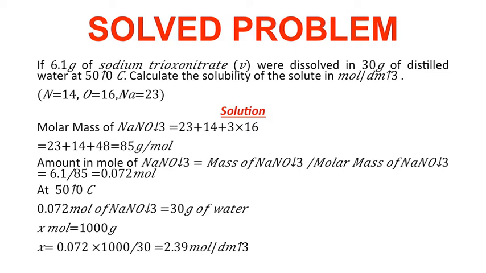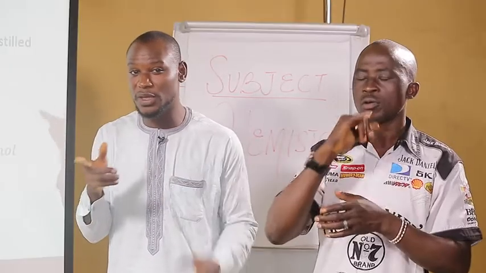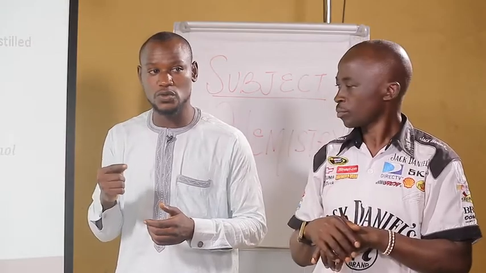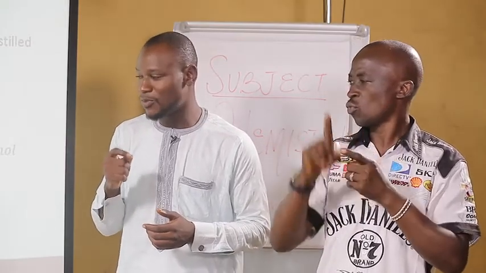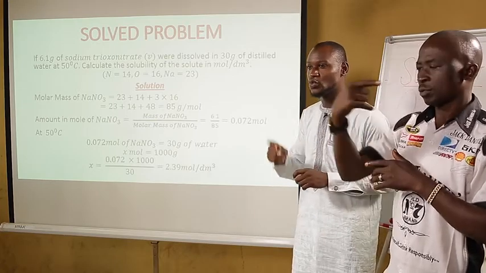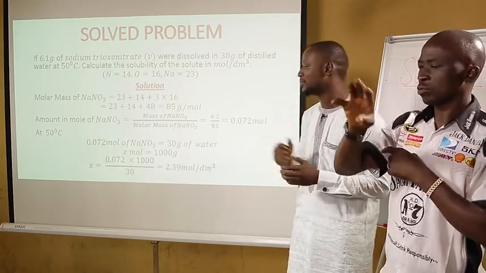Now, at that 50 degrees Celsius, we know that 0.072 moles of the salt dissolve in 30 grams of water. Now remember, that gram is the same as cm cube if we are comparing water. That means 1000 grams of water is equal to 1 dm cube. That is to say, 1 gram is equal to 1 cm cube.